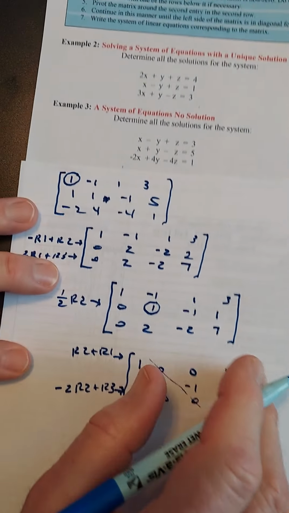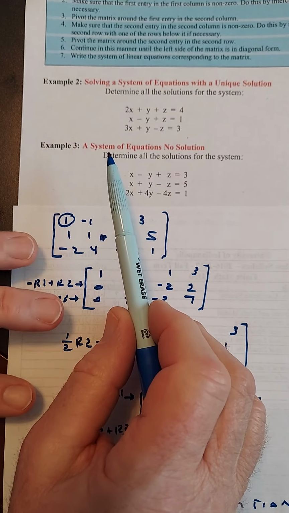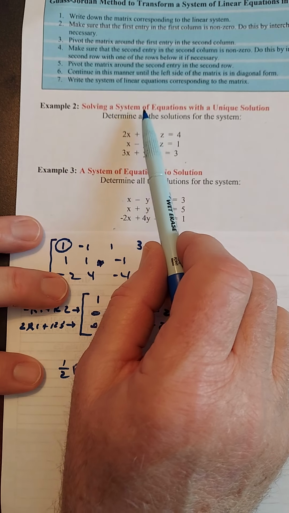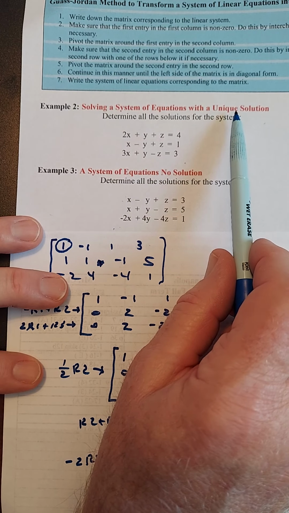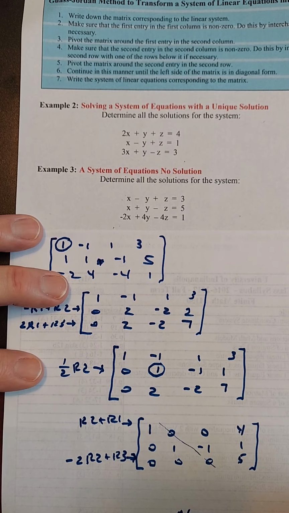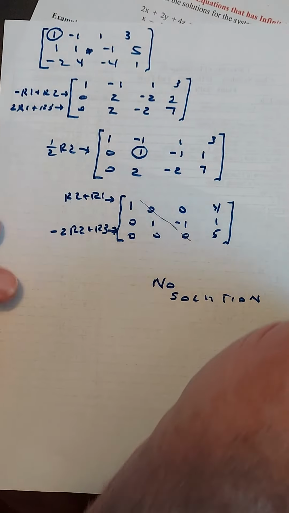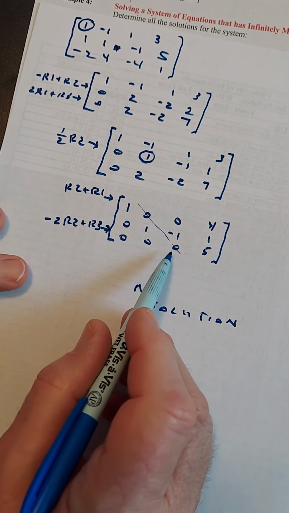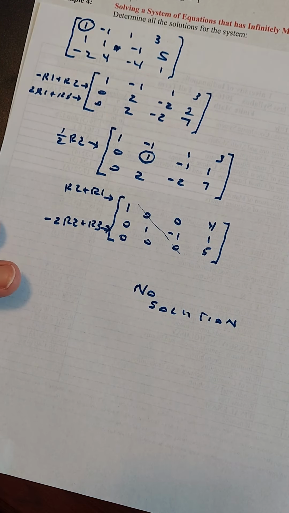If you go back to the problem up here, I didn't read it for you, but this one says a system of equations with no solution. The last one was solving a system of equations with a unique solution. Okay, so we get that down to a point where we could read it. Since I can't get a 1 here, I can't go farther, so there's no solution.